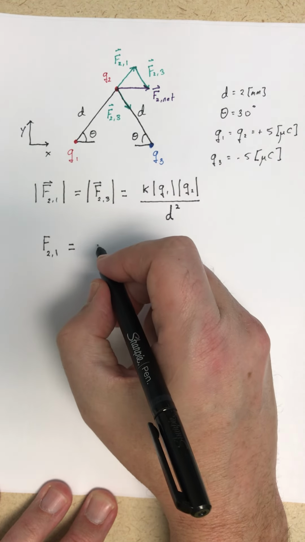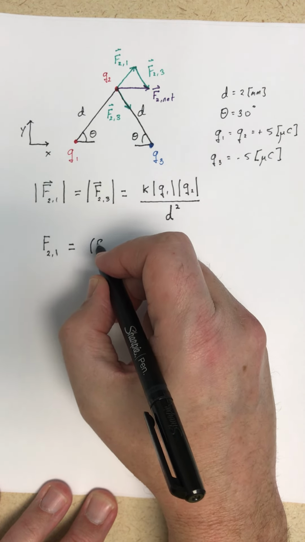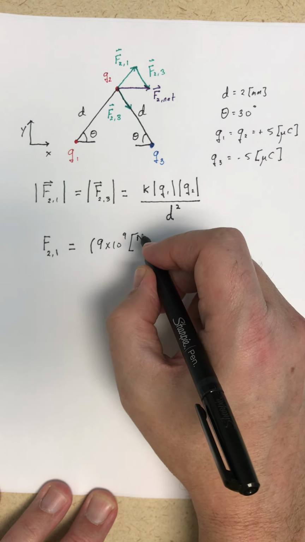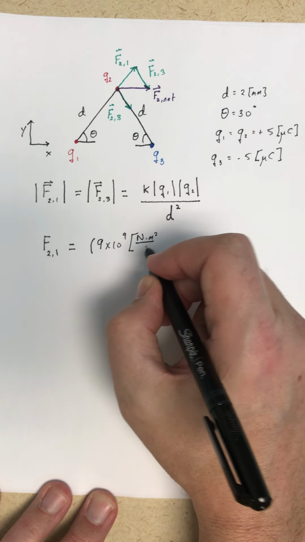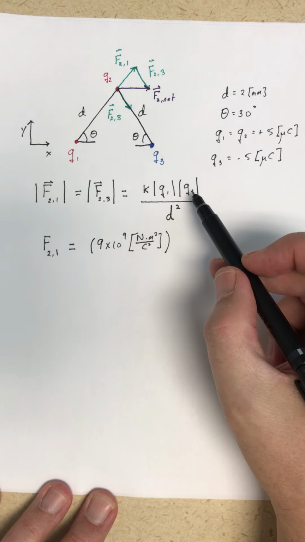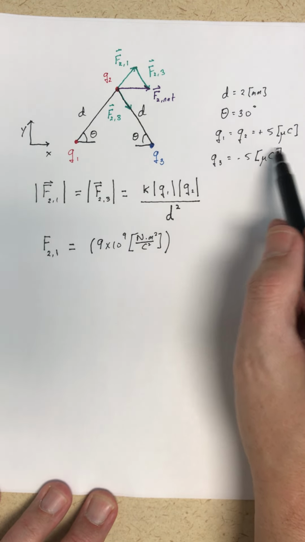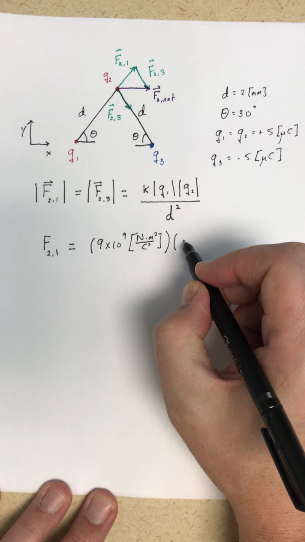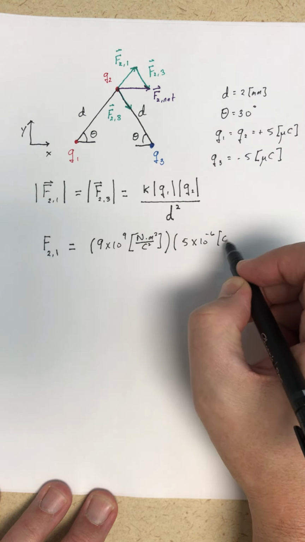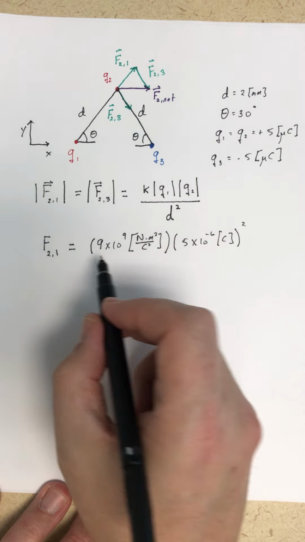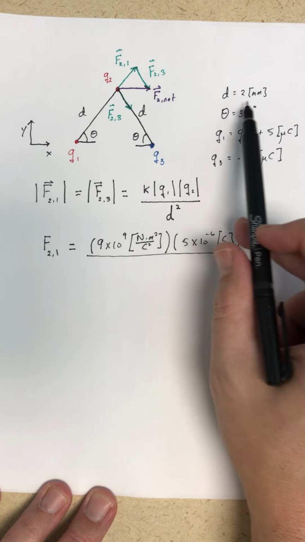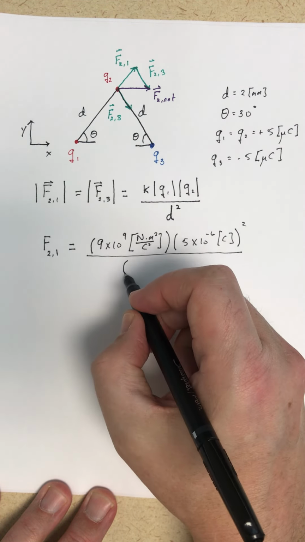We'll actually put in numbers. So K is 9 times 10 to the 9th Newton meter squared per Coulomb squared. Q1 and Q2 for this problem turned out to be the same. So I'm just going to put that value in. 5 microcoulombs is 5 times 10 to the minus 6 coulombs, and square it. And the distance is 2 millimeters, and I need to square that as well.